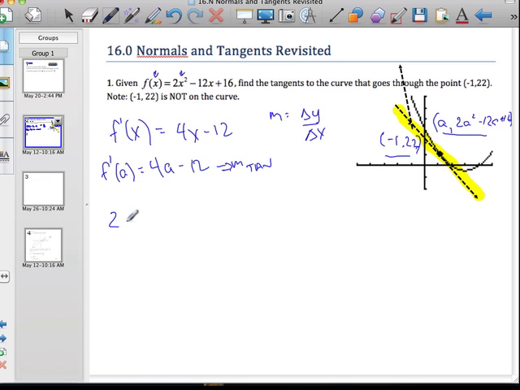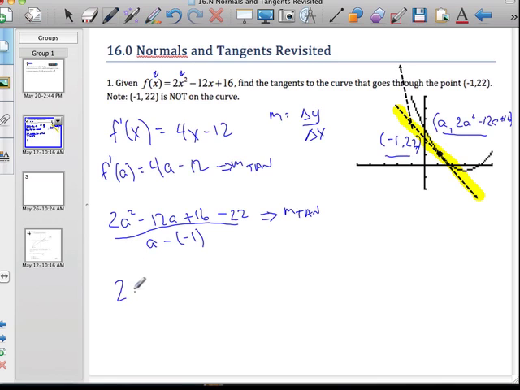Our one point is 2a squared minus 12a plus 16, subtract my y value of 22, over my x value, a minus -1. This is also equivalent to the slope of the tangent. Both of them are in terms of a, so if I set them equal to each other, since they're both the same thing, I can solve for a.